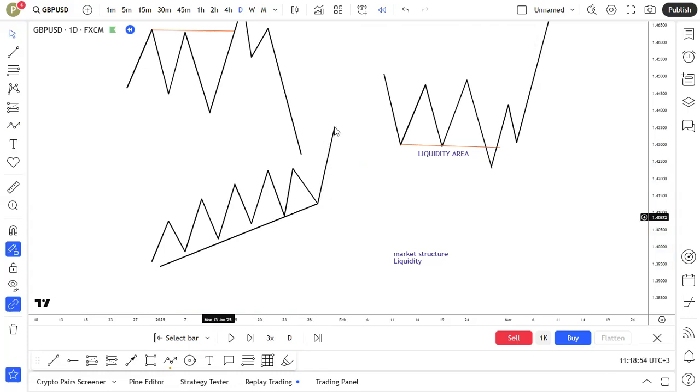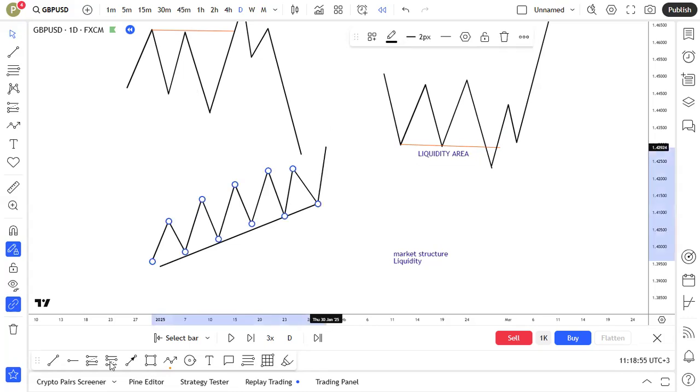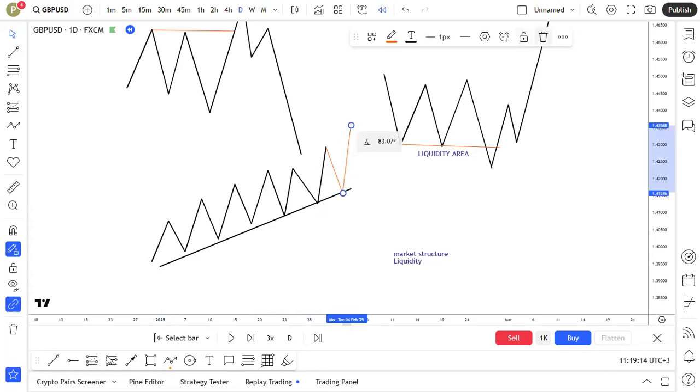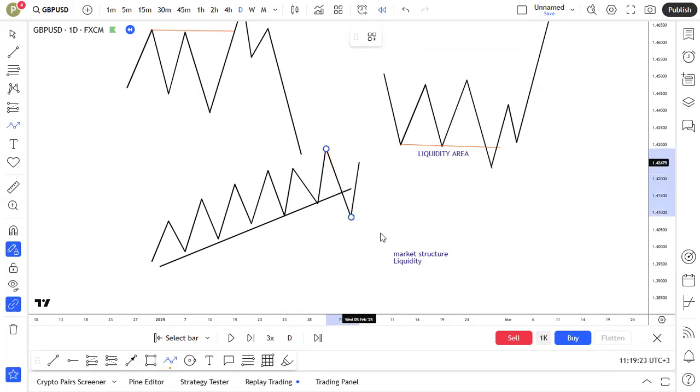Someone may be expecting price will come down here and reverse from there, or that price is going to tap again on this trend line and we're going to go lower. But what's going to happen is that price will actually use that as liquidity and sweep it like this. You see something like this and maybe something like this.